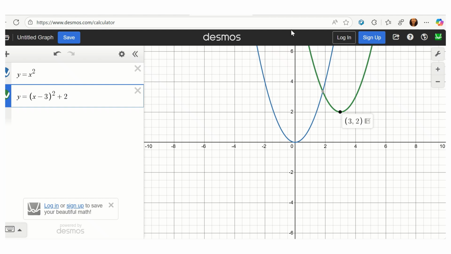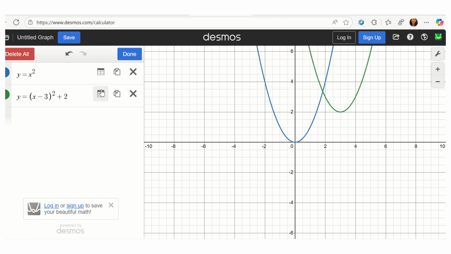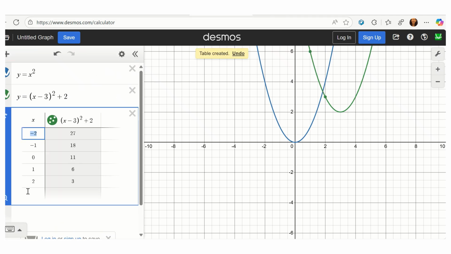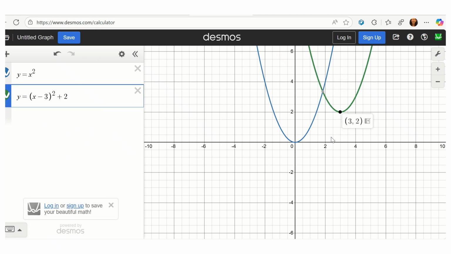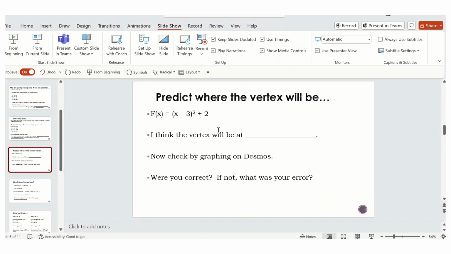If you wanted to, you could create a table for this as well, where it can tell you what you could plug in and what point would come out of it. You'll notice that I can edit that. So if I wanted to put in, say, a +2 instead, I can do that, and you can see the point pop up right there. But there you go, the point (3, 2). So let's go back over to our presentation.